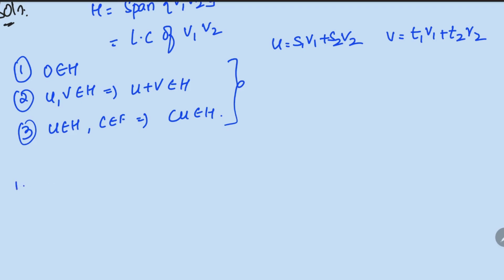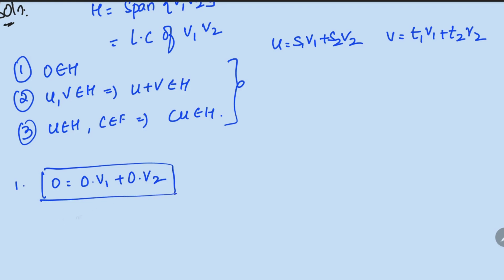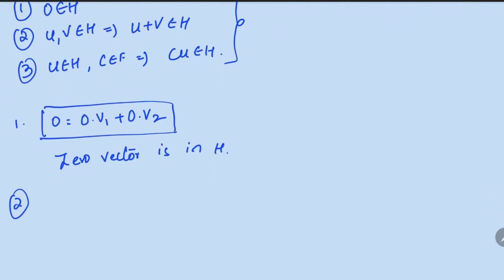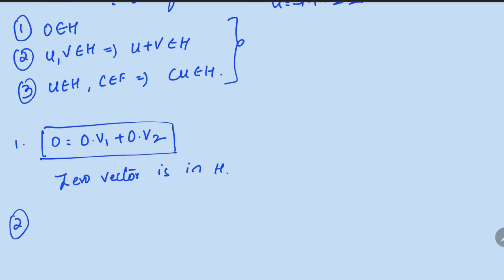First, 0 can be written as a linear combination of v1 and v2, right? It can be written like this. So by this we can say that the 0 vector is in H.